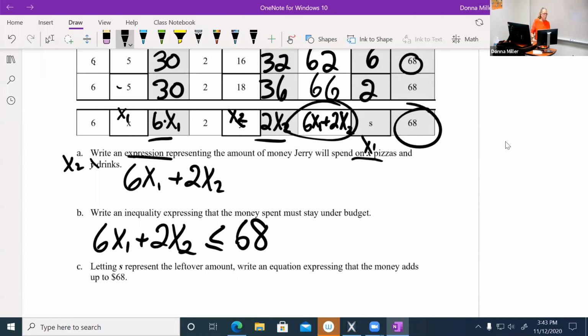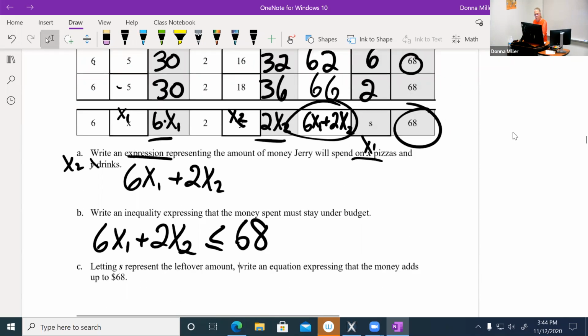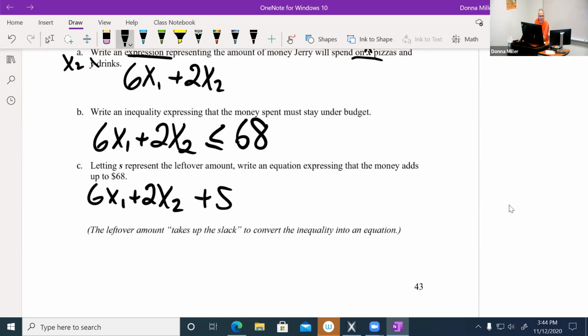Okay. Now, when you get to simplex tableau, you must turn the inequalities into equalities by adding slack variables. All right. So slack variable is the leftover amount. We call it S. That's the leftover. So to turn it into an equality, if I take the money I spent, which would be this, and I add the leftover, which I call S, it better equal 68, right?